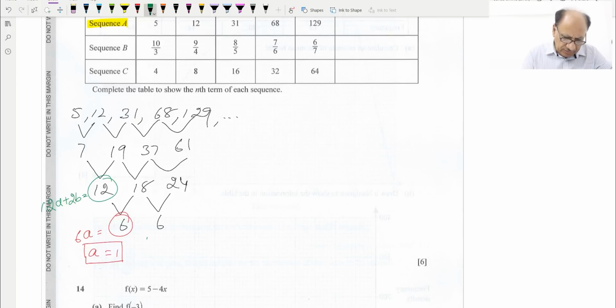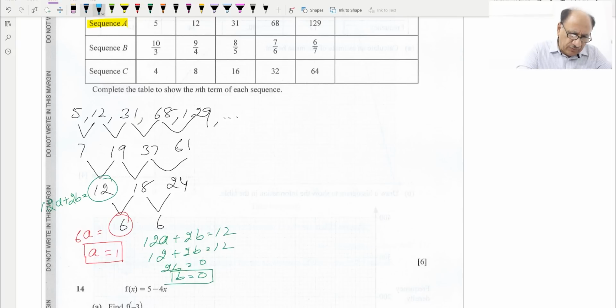So we can write here 12a plus 2b is equal to 12. So a is equal to 1, so 12 plus 2b is equal to 12. So 2b is equal to 0. So b is equal to 0. The b value also we got.